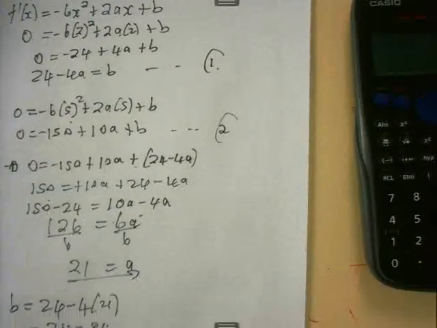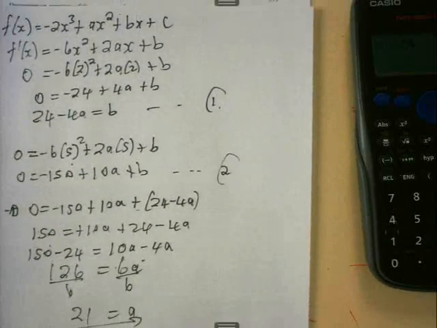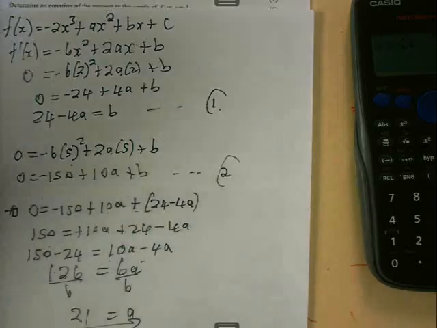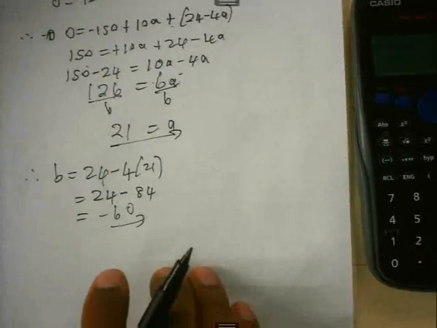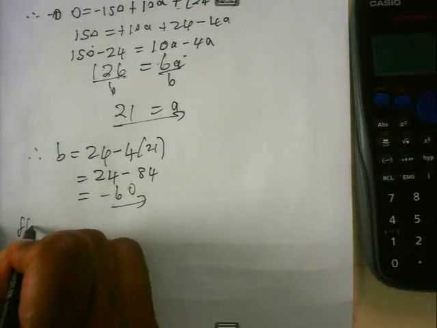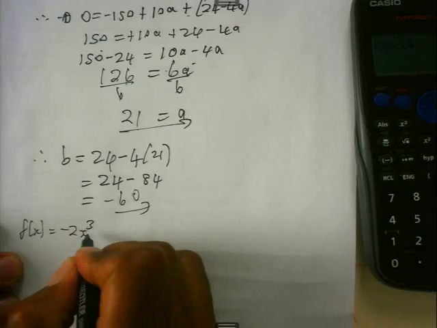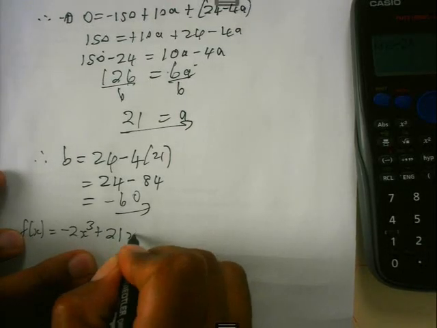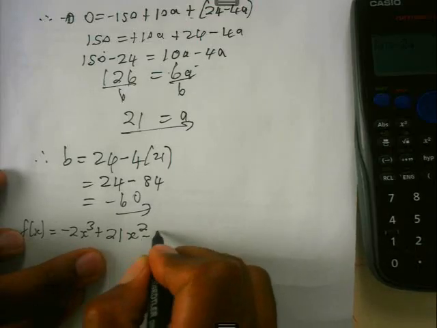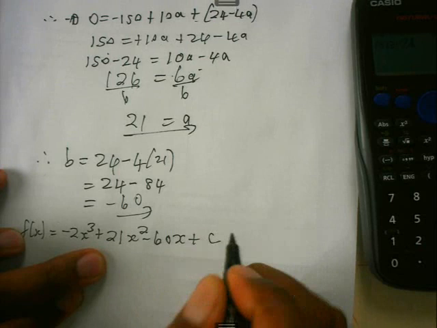The question is, what is it that you're going to do to substitute to get the value of c? Yes, we can just take one of the two to say we know that f(x) equals minus 2x to the power of 3 plus 21x squared, and then b is minus 60x, and then plus c.